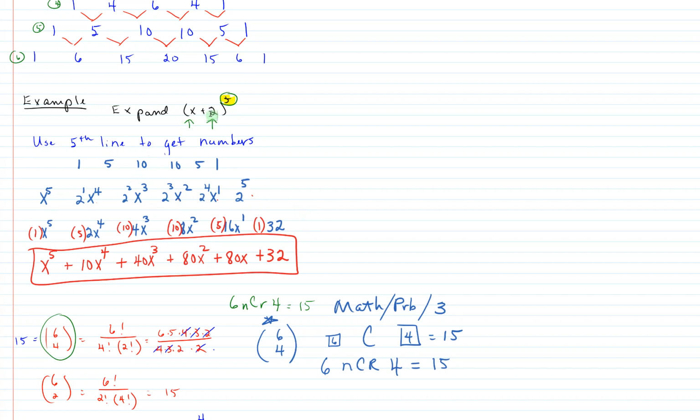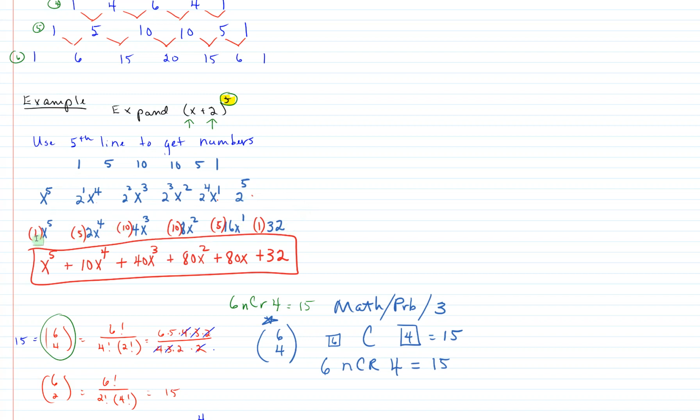Then we take the 2, and we start with the 0 part here, and then 2 to the first, 2 to the second, 2 to the third, 2 to the fourth, 2 to the fifth. So we are ascending with that one. Once you get that done, you're going to put these numbers from the fifth row in front. I did that in red, okay?